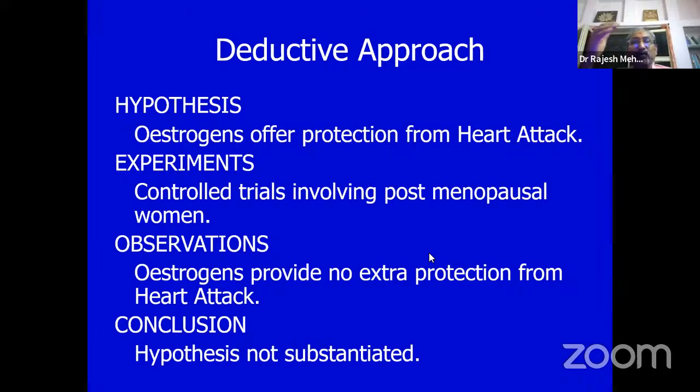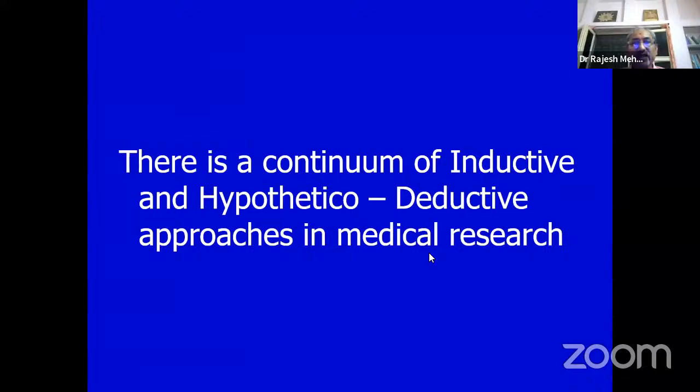So in the inductive approach, you go from observation to theory. In the deductive approach, you go from theory to the observations and either confirm or refute it. And this goes in a cycle, inductive and deductive approaches in medical research.